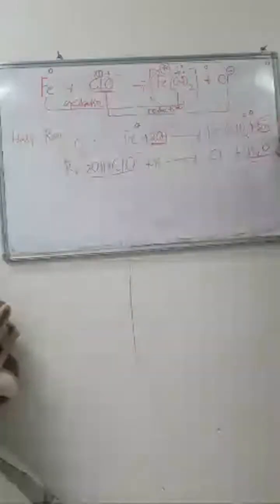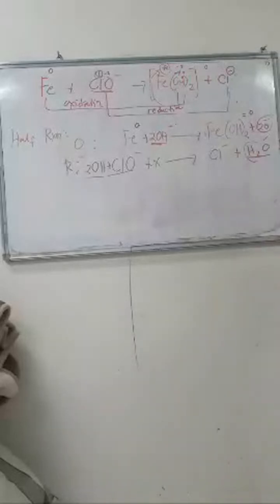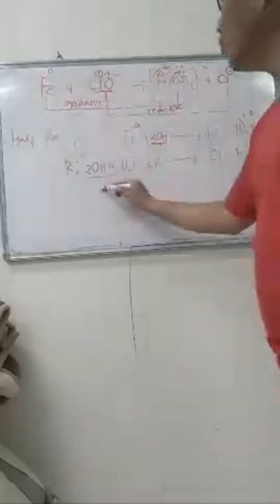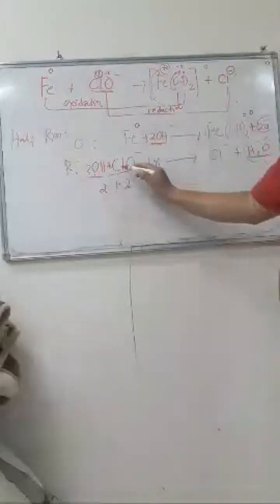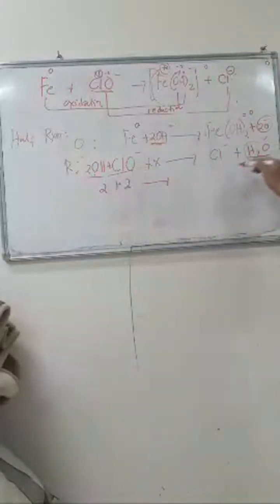Here, we will put X, on the other side, algebraic balancing of atoms. So, we say, 2 plus 2 oxygen in the hydroxide and oxygen in the hypochlorite is equal to oxygen in the water molecule. So in here is the deficiency. We need to put X, the number of atoms of oxygen in the water molecule.